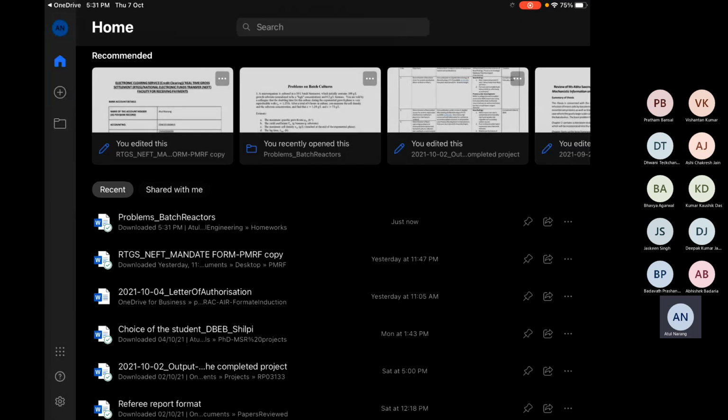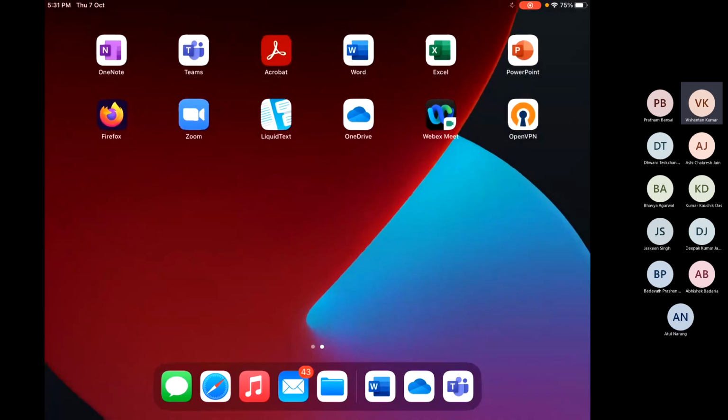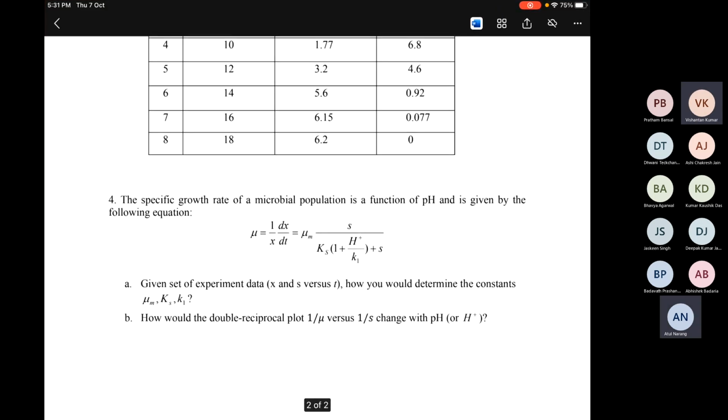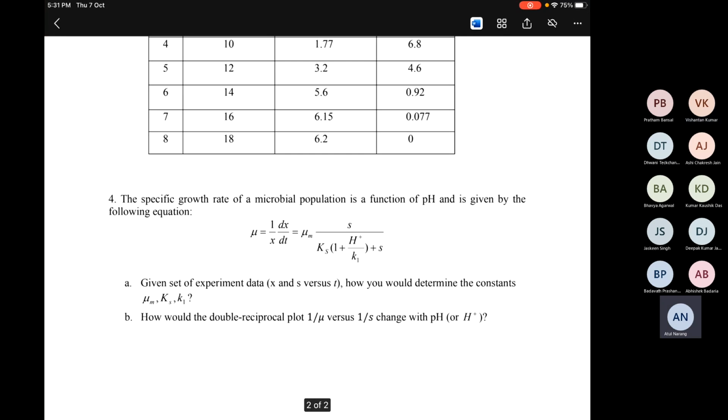Anyway, so you can take a screenshot by just dragging the pencil from the bottom right corner. Okay, let's just proceed with what we have. So this particular term, Ks multiplied by 1 plus H+ divided by K1, let's just call this Ks effective.